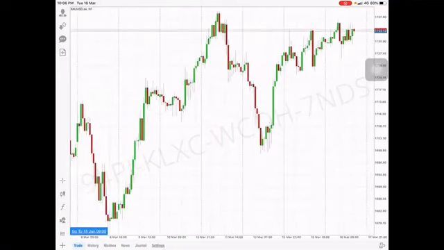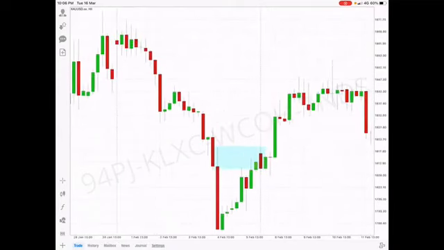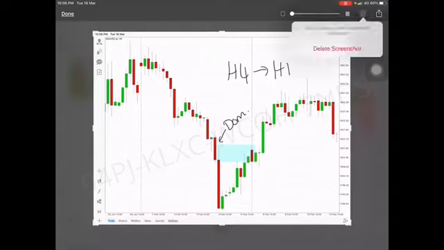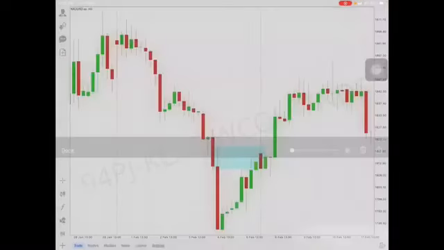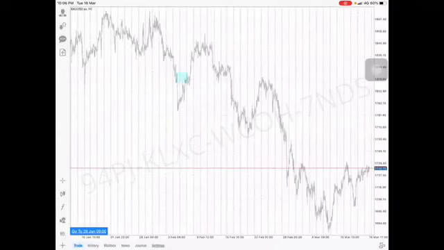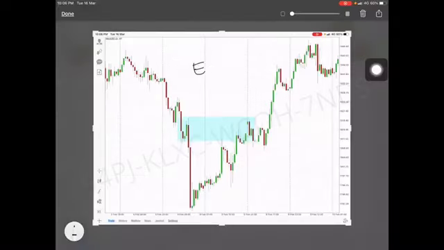So this is your DOM. This is your DOM area. Now we are on H4. Where do we go? H1. So we're gonna go to H1. Wait, where's the marking? Now, do you see any engulfing or any EF or any sideways?